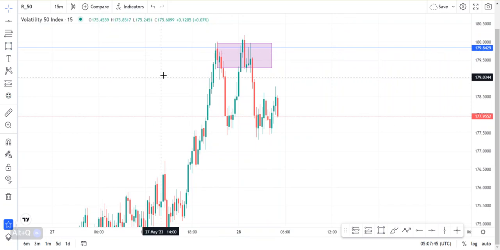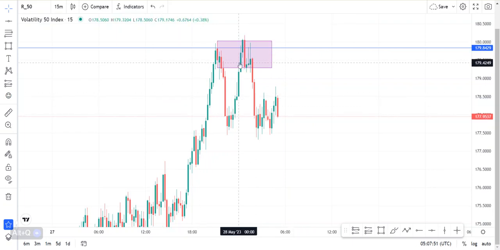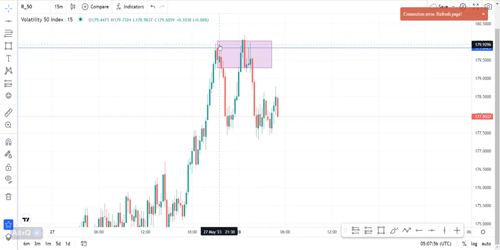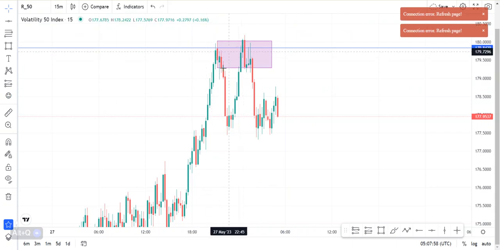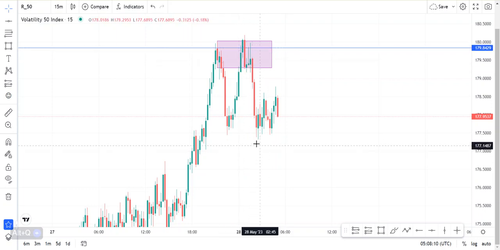If you draw such an order block, you can create an alert, because there was the first rejection here at our zone, our point of interest. There's a rejection and the market went down. What we are looking at is that the market will come into this zone we have drawn so that we can take the market down as well.